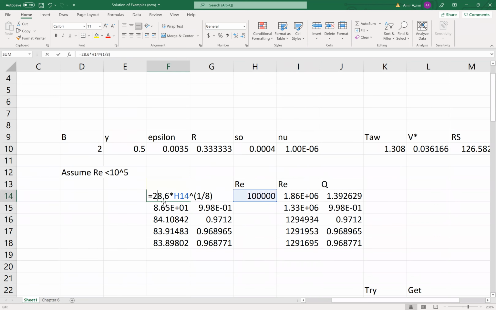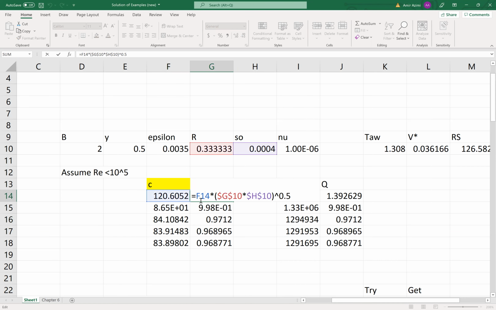So we use the first equation, which is 28.6 times Reynolds number, which is 10 to the power of 5, to the power of 1/8. So that gives me a Chezy coefficient of 120. From that, I can calculate velocity, which is the Chezy constant times the square root of R S0. So that gives me the velocity of the flow.